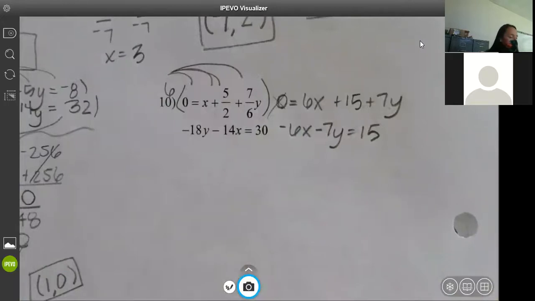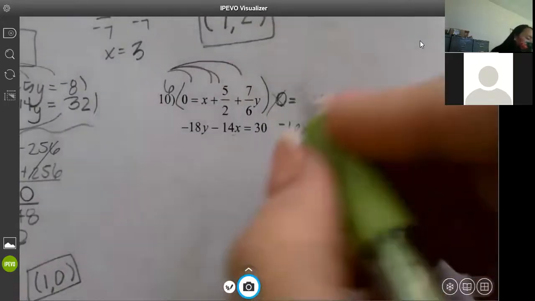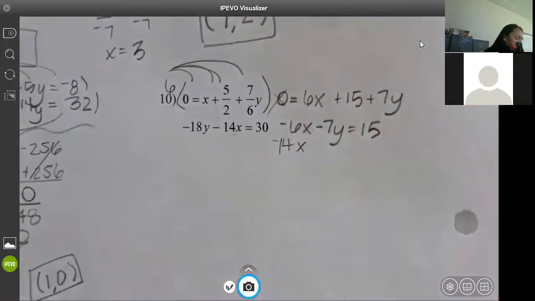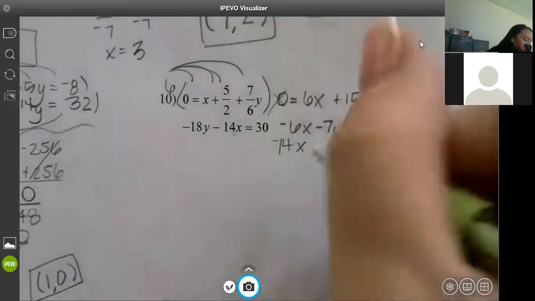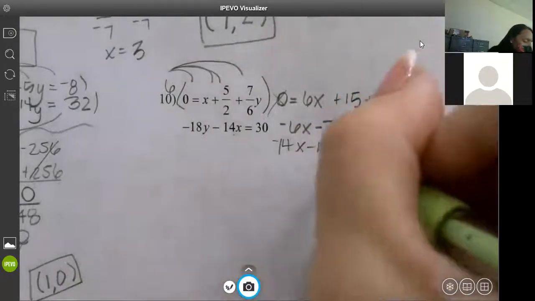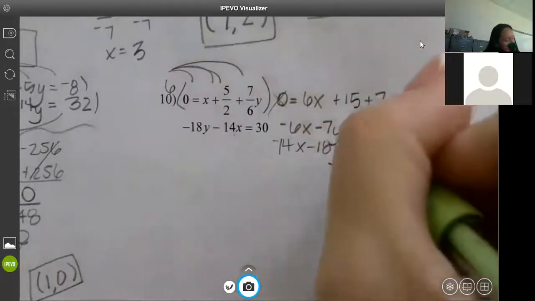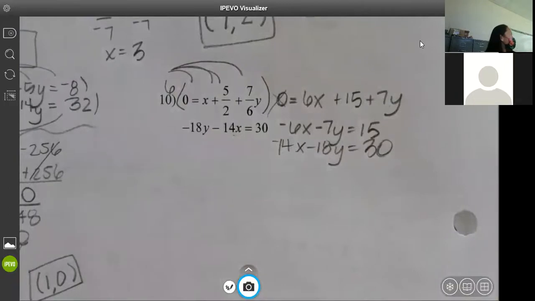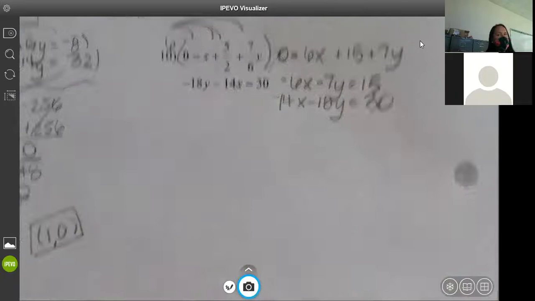On the bottom equation, the x is on the correct side, but I'm going to line it up. So negative 14x. The y is on the correct side. I'm just going to line it up, negative 18y. And then the 30 is on the correct side. So multiply the front to finish it out and solve it. You do not have to finish it out and solve it. I'm just telling you what you'll do on your quiz.